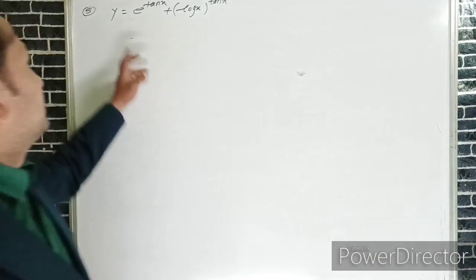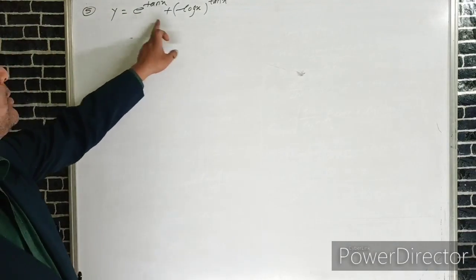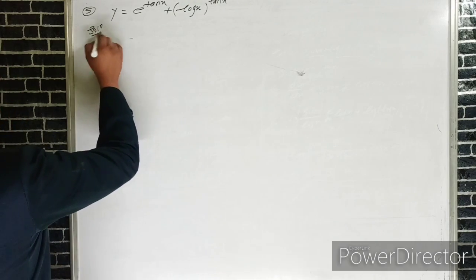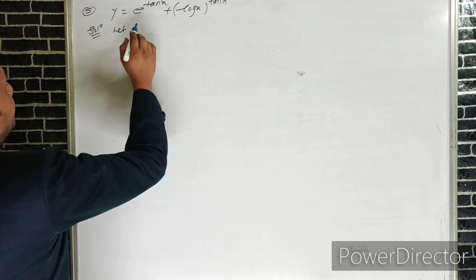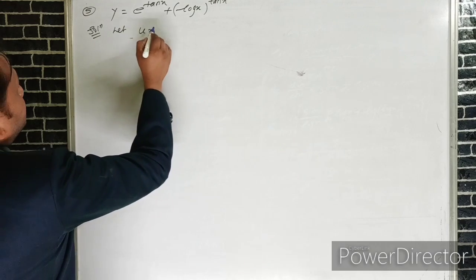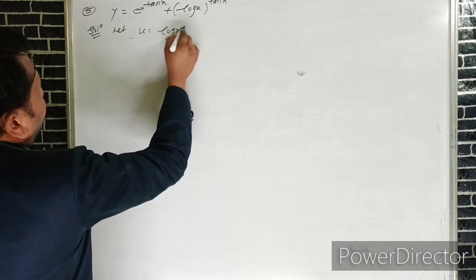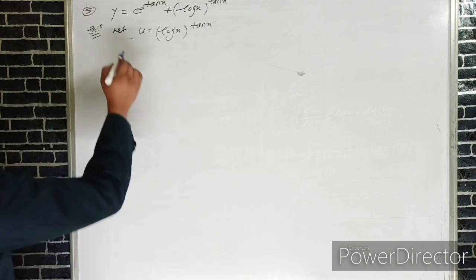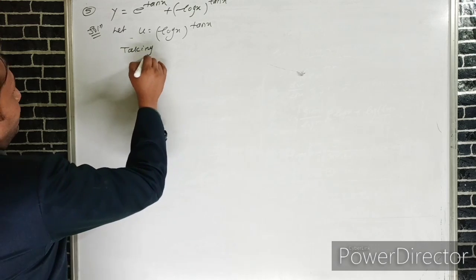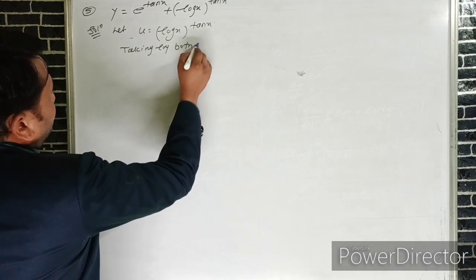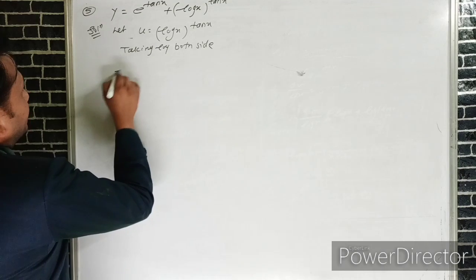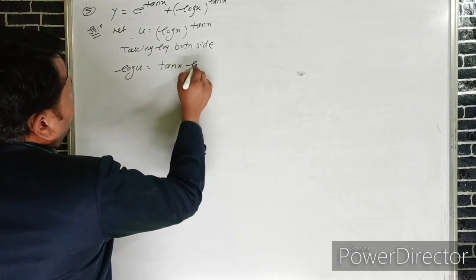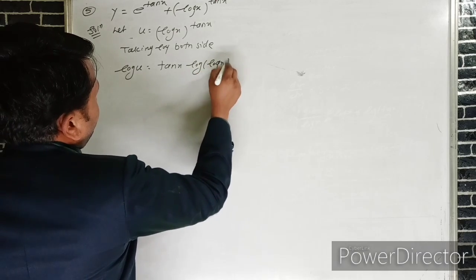Next example, y is equal to e raised to the power tan x plus (log x) raised to the power tan x. First we consider that u is equal to (log x) raised to the power tan x. If we take log on both sides, then we can say that log u is equal to tan x into log x.